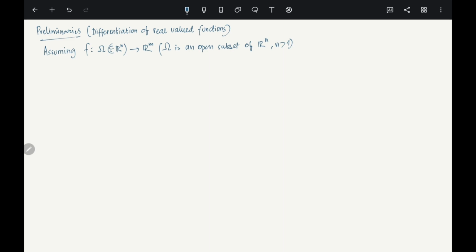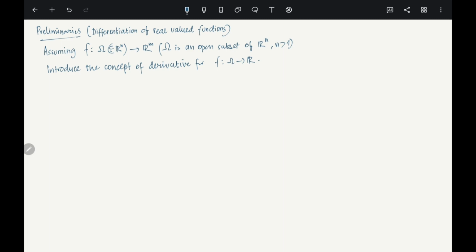First of all, we will introduce the concept of derivative for a real valued function f from omega to R. Once we do that, we will see that we can do the exact same thing for Rn. So let me first introduce this concept, and then we will go to the other part.